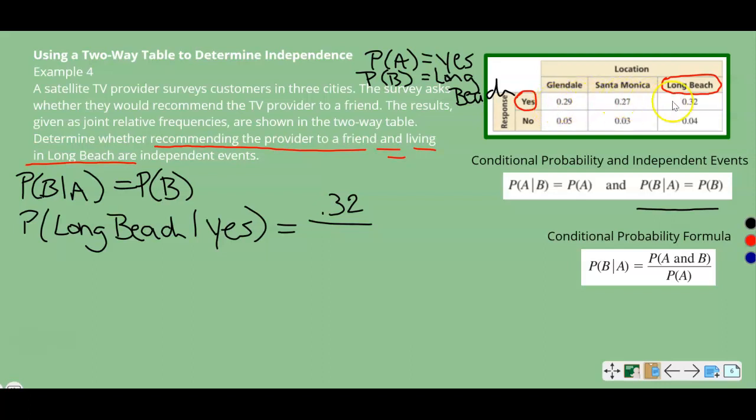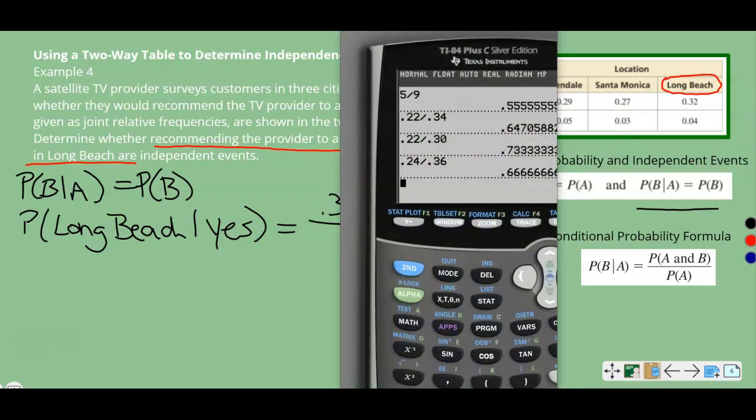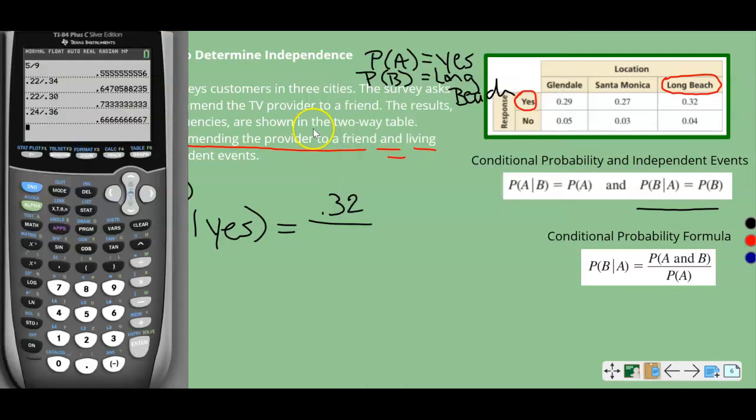So all of these responded yes, so we're going to have to add up these numbers. We've got 0.29 plus 0.27 plus 0.32, and that's going to give us 0.88.